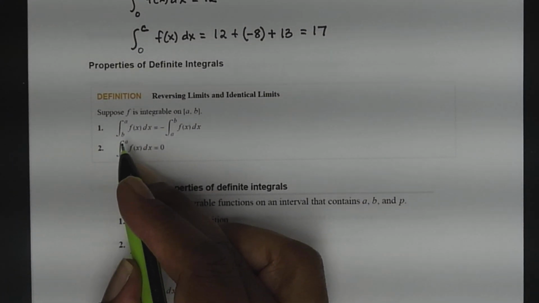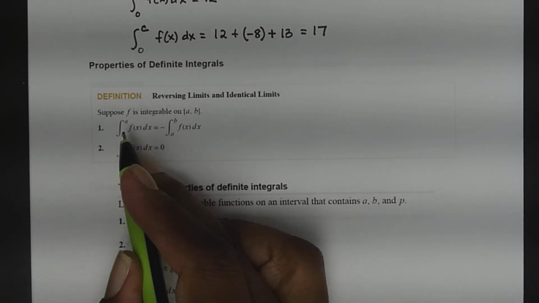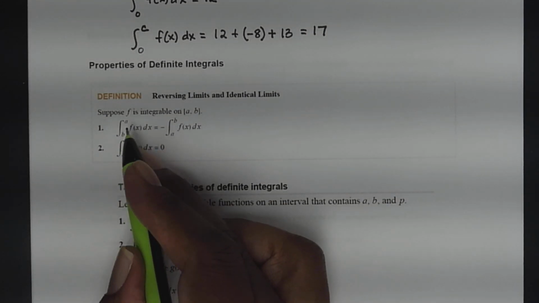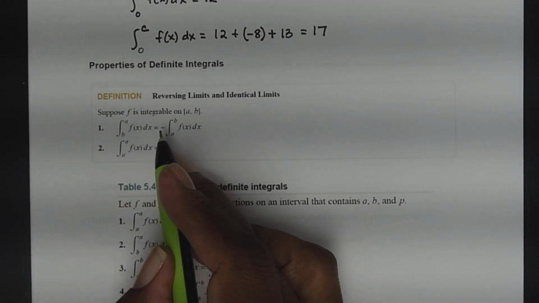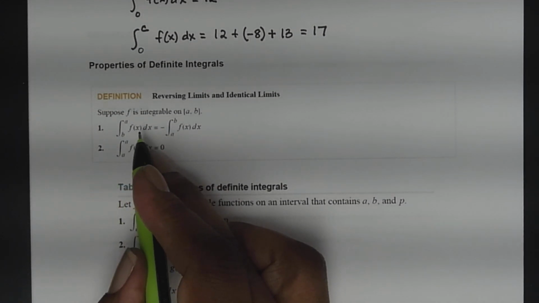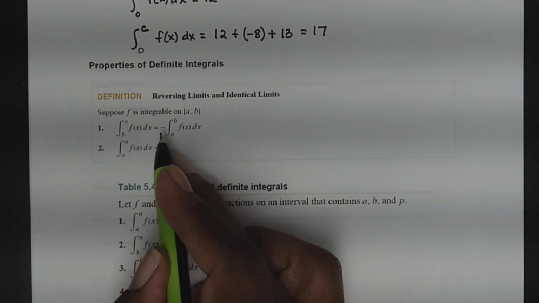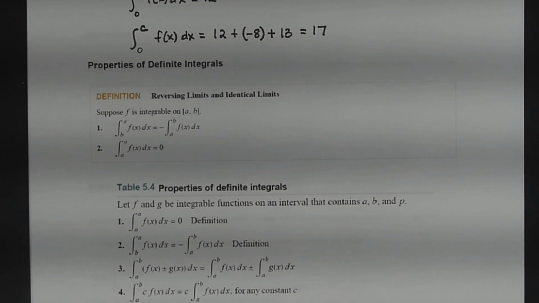If I have the integral from b to a of f of x dx, I can swap these limits in their positions, but I have to include the negative sign. So the integral from b to a of f of x dx will be the opposite of the integral from a to b of f of x dx.